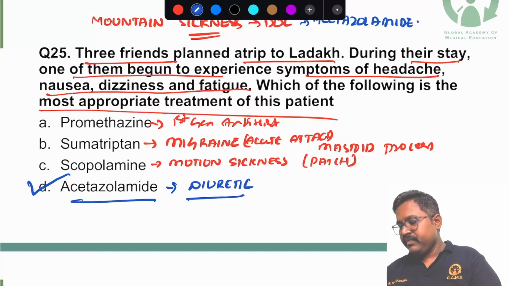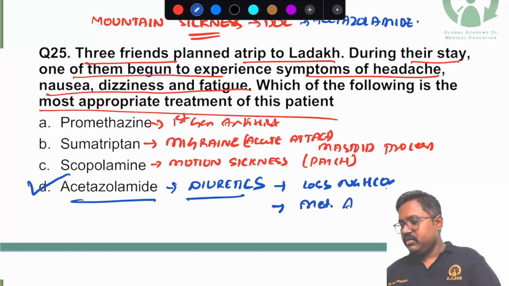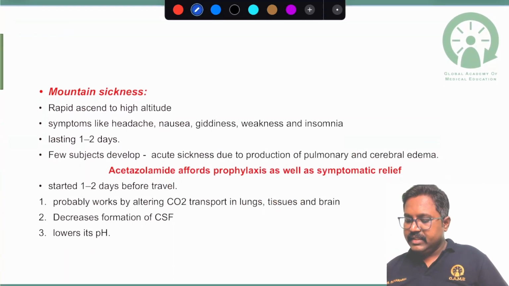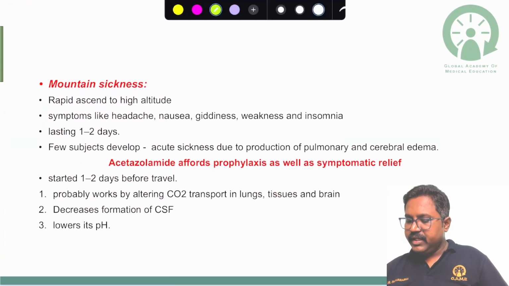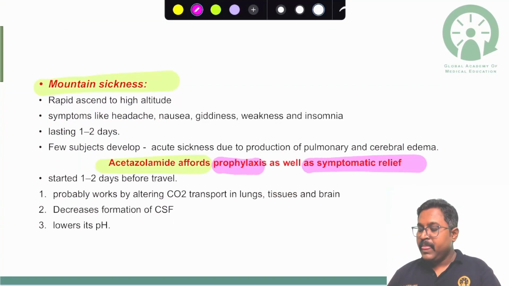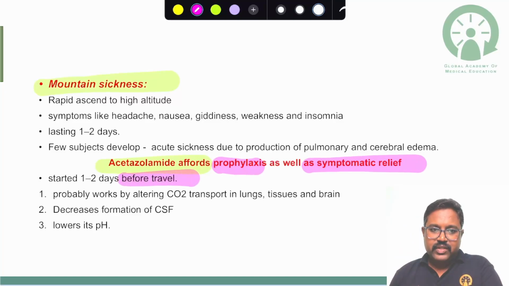Basically, it will lose sodium bicarbonate, which causes metabolic acidosis. So basically the treatment of choice in case of mountain sickness will be your acetazolamide, for both the prophylactic as well as the symptomatic relief, and this drug has to be taken 1 to 2 days before the travel.